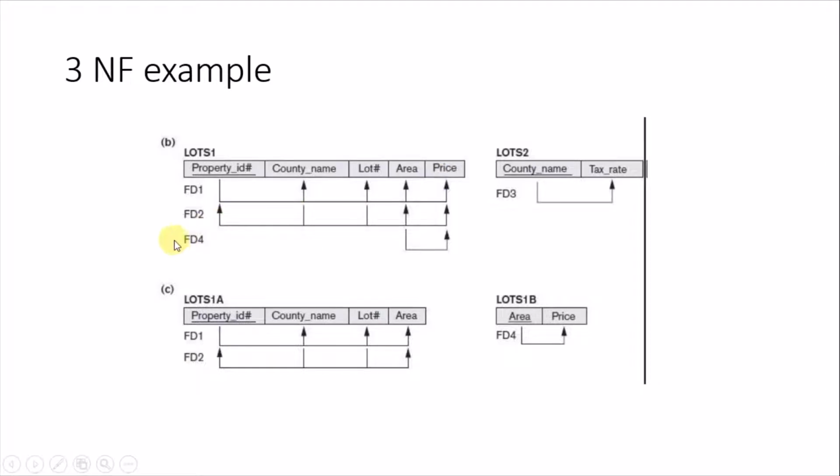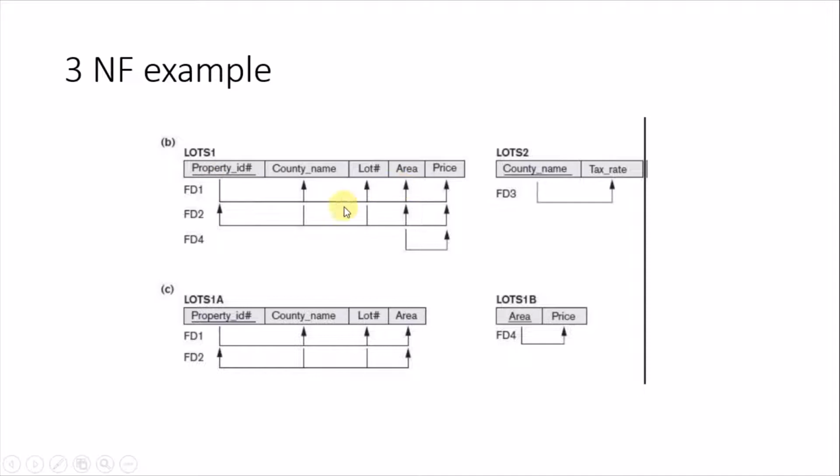So consider the functional dependencies from property id to area, or from property id to price. In that case X is a super key, so the relation is in 3NF.